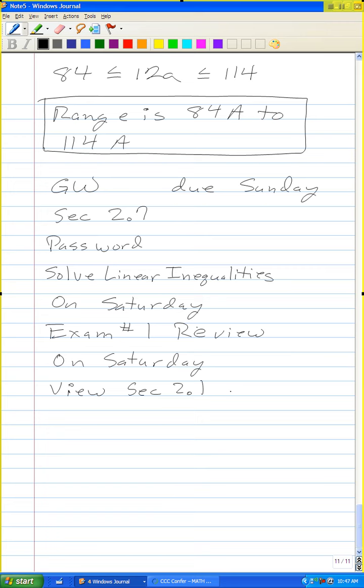I'll post that in a little while. And look over the PDF of that, and there'll be a group work, and do the group work for it. Okay. And that's going to be again due Sunday. So do this before class on Monday, so that we can start section 2.2 on Monday.